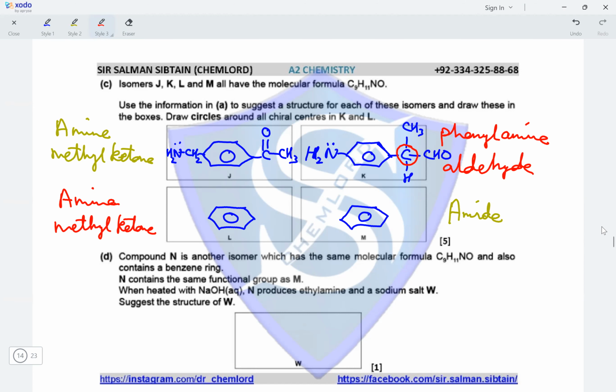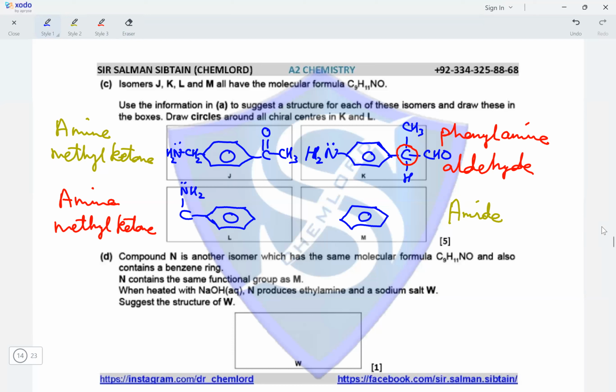Next, we have compound L, which also will contain a chiral carbon atom. So it has an amine and a methyl ketone. Having an amine group and a methyl ketone group along with the benzene ring would mean that one of the carbon atoms has four different groups attached to it. So we make a carbon atom with four different groups attached to it. And this carbon atom would have a benzene ring on one side, an amine group on one side.